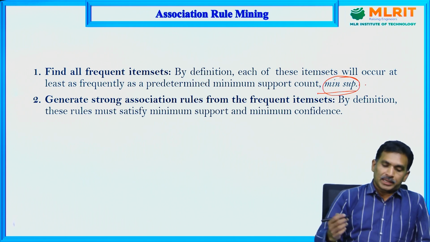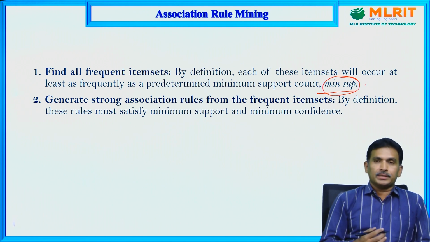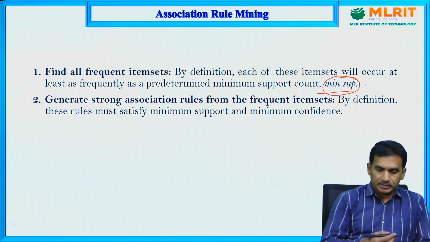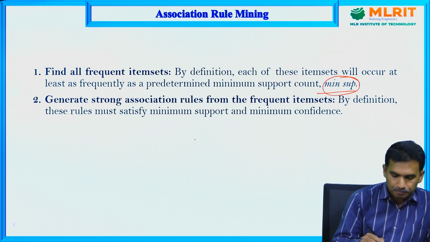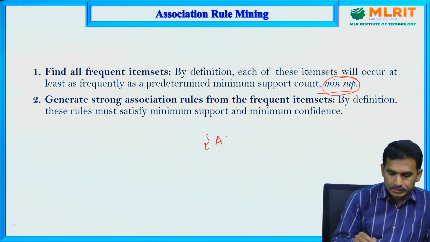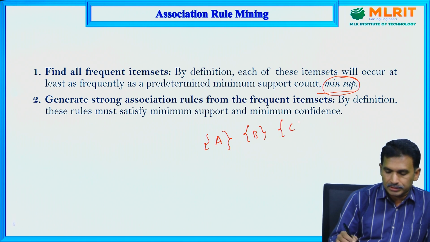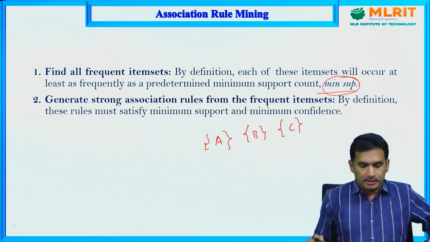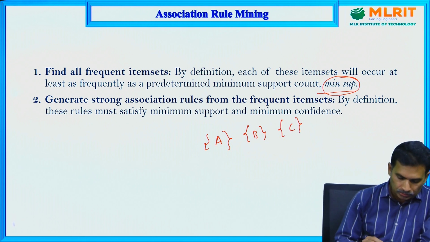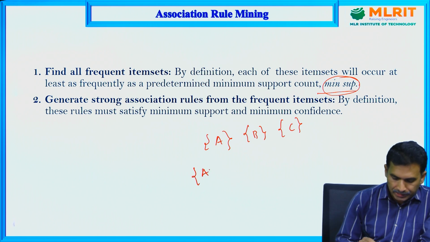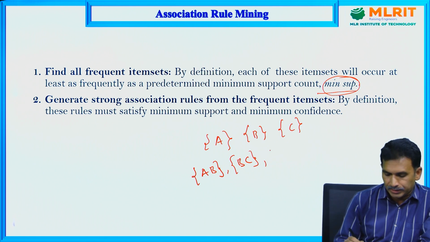In the first step, we generate the frequent item sets. Suppose A is one frequent item set, B is another, and C is another. Also the two item sets AB, BC and AC are frequent item sets.